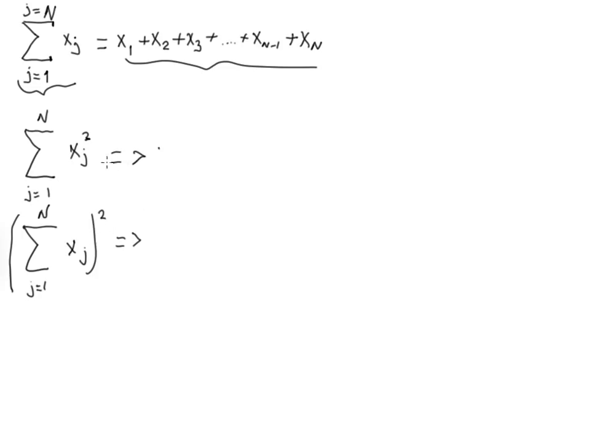This case tells us it's the sum of the squares of the observations, so this will be x1 squared plus x2 squared plus x3 squared plus, well, we have the intermediate points here, which I will just leave to you. So this is basically a sum of squares of x.